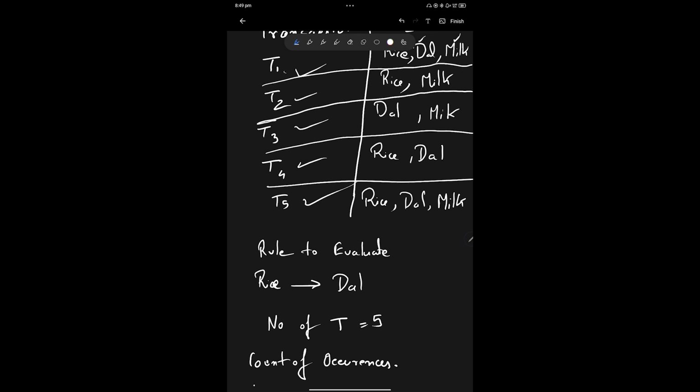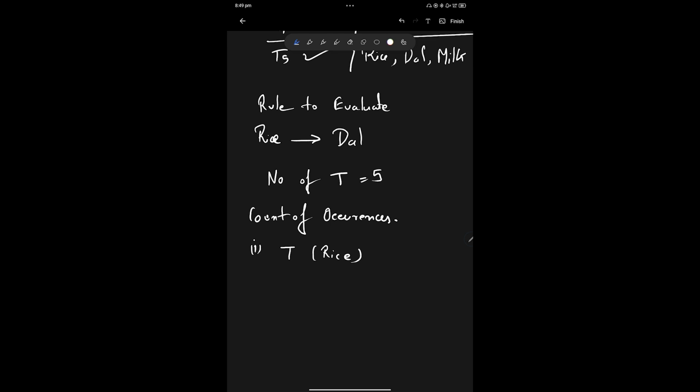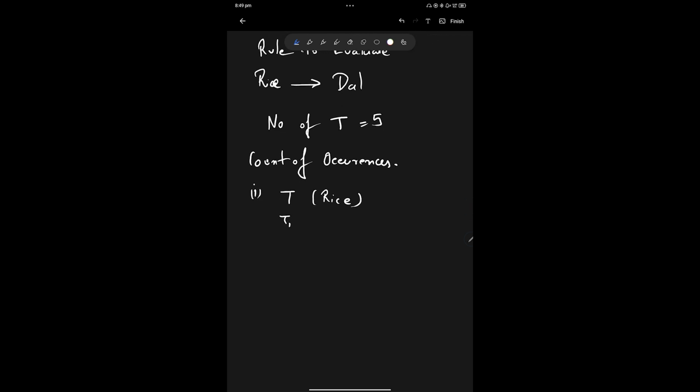If you see here, transactions with rice: we have T1, T2, then T4 and T5, right? So we'll write it down here, T1, T2, T4 and T5, that is a total of 4 transactions.